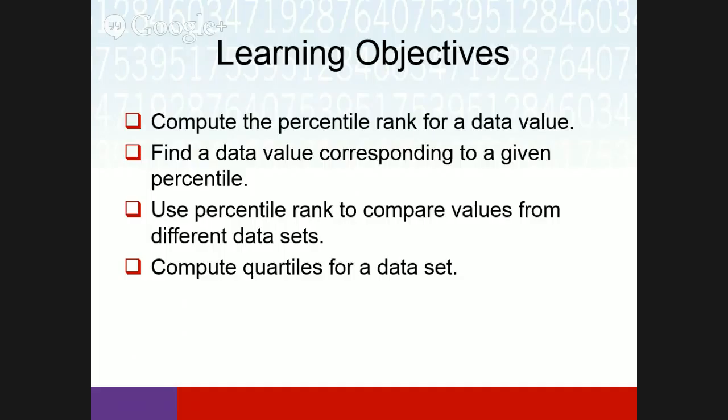And then another thing that's common with this is rank. I'm ranked number 1, I'm ranked number 2, I'm ranked number 3. That's probably what you're a little bit more familiar with. If you didn't graduate high school too long ago, you had class rank. You also have a percentile rank. And then the last thing we're going to do is compute quartiles.